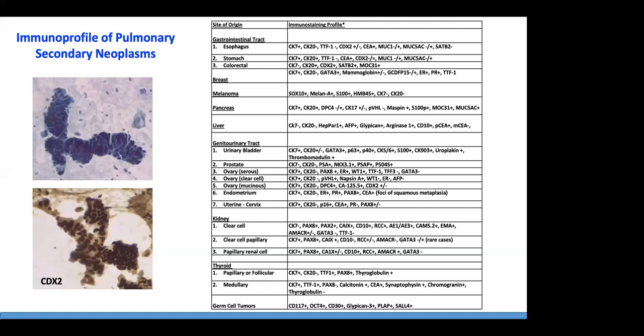But sometimes the morphology is quite helpful. So if I have a lung lesion with this kind of morphology, with this palisade, I need to think of metastatic colon cancer. And then CDX2 could be helpful because it's strongly positive, TTF1 is negative, but I just want to call your attention that some mucinous primary lung carcinomas could also be CDX2 positive and TTF1 negative.